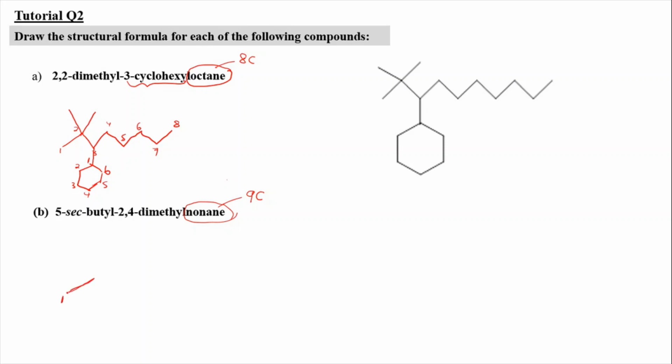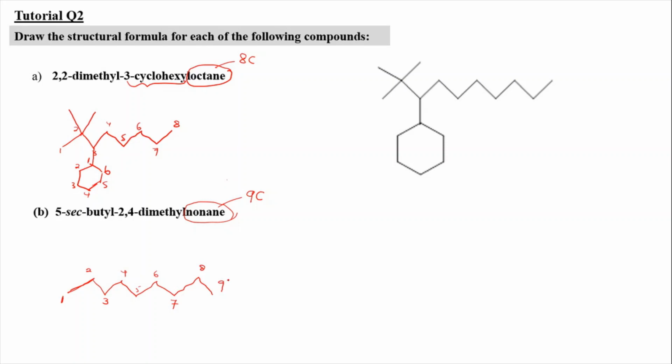Here is going to be number 1, the starting, and number 2 here. So 3, 4, 5, 6, 7, 8, and 9. Okay, double check. 3, 4, 5, 6, 7, 8, and number 9 here.